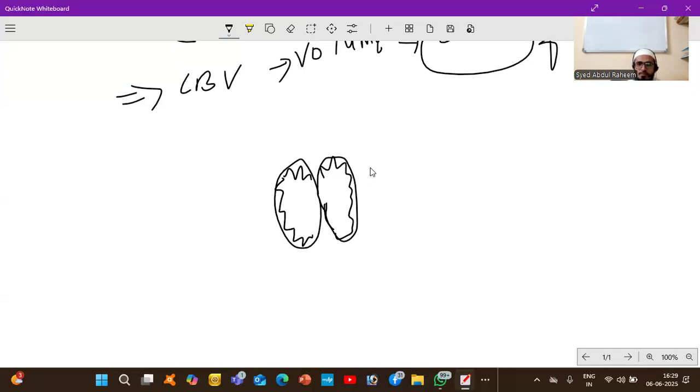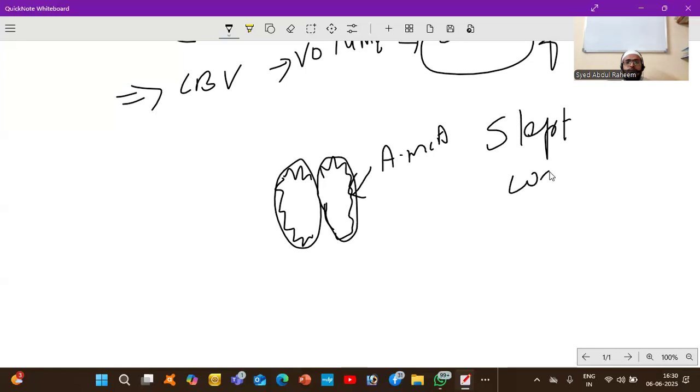So what happened? The anterior branch of the MCA is affected. In this MCA you also have three branches: anterior, middle, and posterior. We will take the example of a wake up stroke.